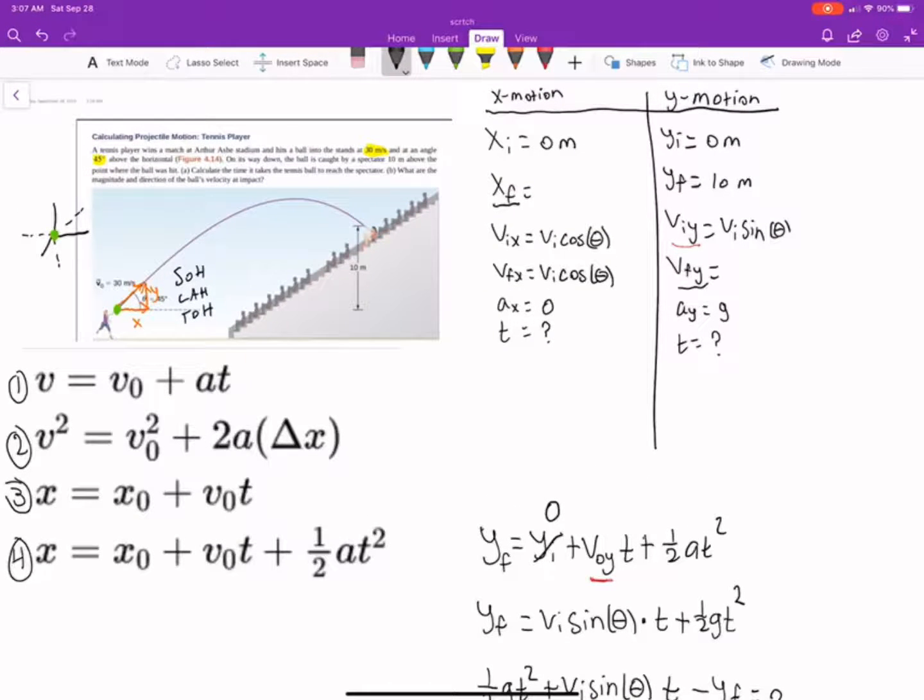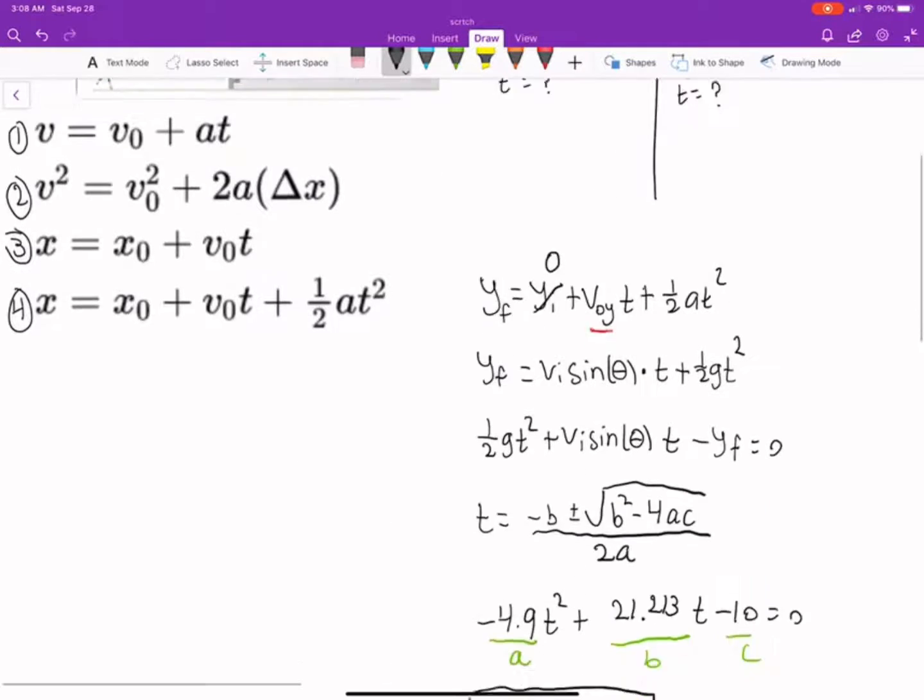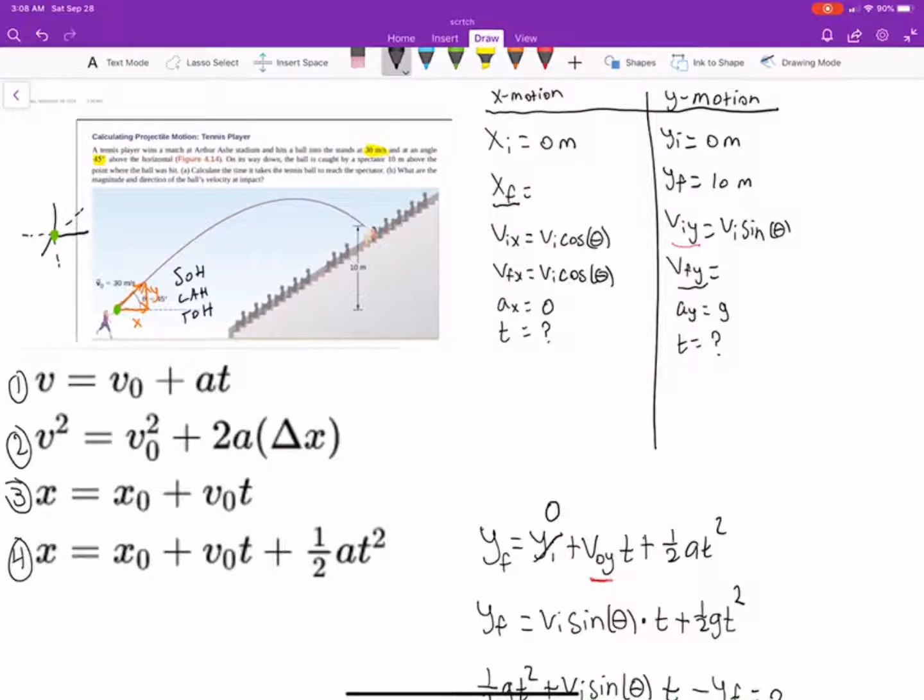So part A answered. For the ball to go from there to there, it takes a total of 10 seconds. Now it wants to know the magnitude of the velocity here. So we have our velocity vector, and that's composed of Vy, Vx, and that's our V. Well, we know V final in the x direction, right? That doesn't change.